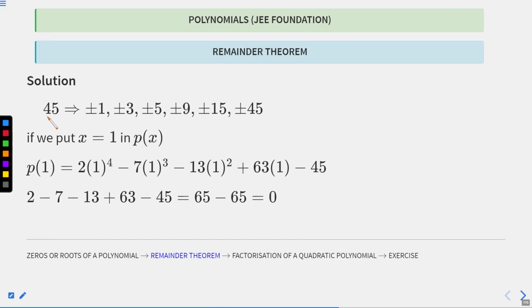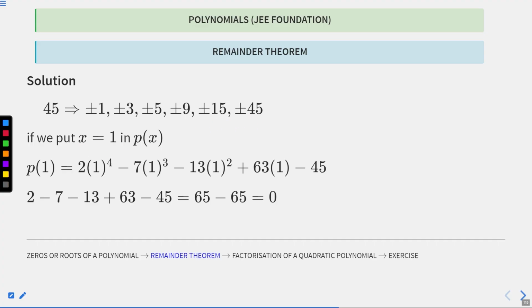If you see 45, we break down the factors of 45. The factors are plus minus 1, plus minus 3, plus minus 5, plus minus 9, plus minus 15, and plus minus 45 itself.